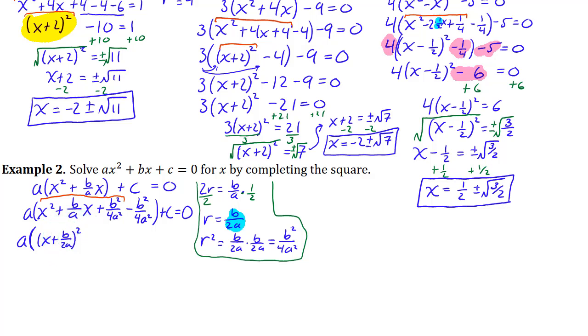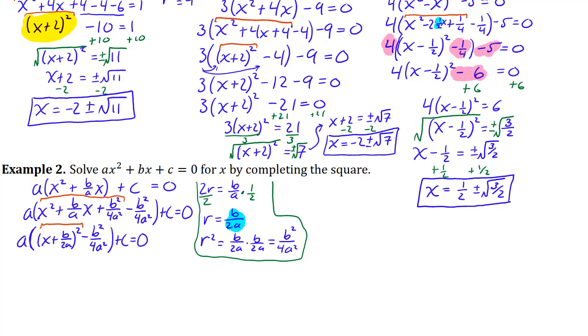So there's your x plus r squared part. There's still everything else here. The minus b squared over 4a squared, and the plus c and the 0. Now, that part has now been turned into this using the perfect square trinomial formula.